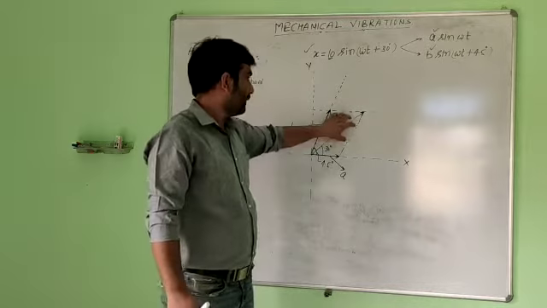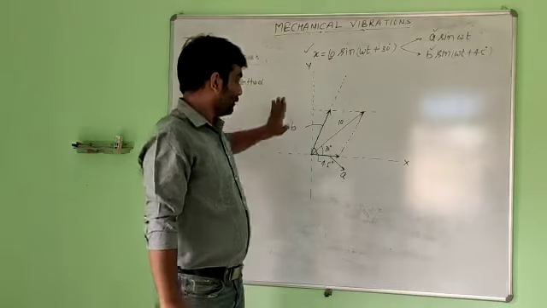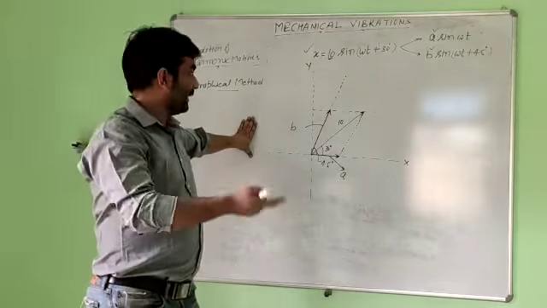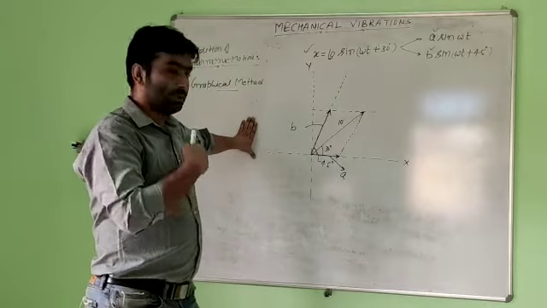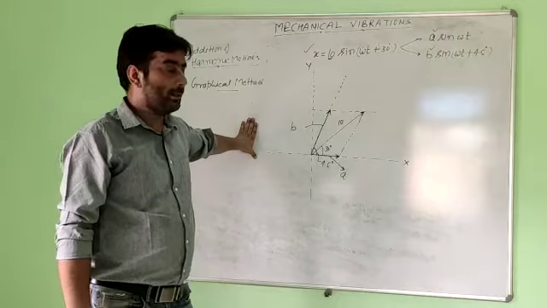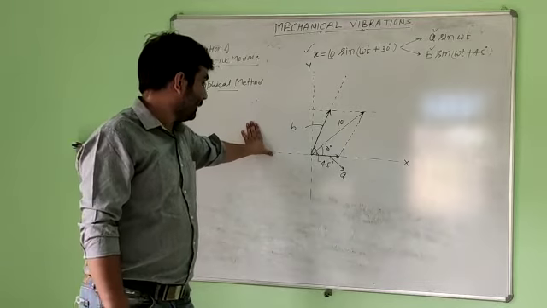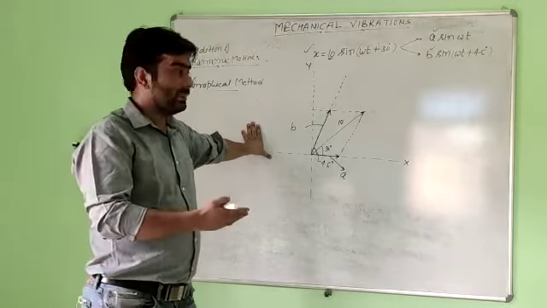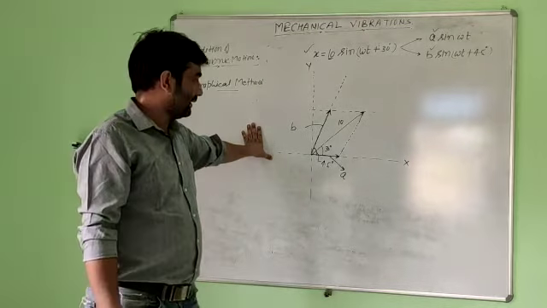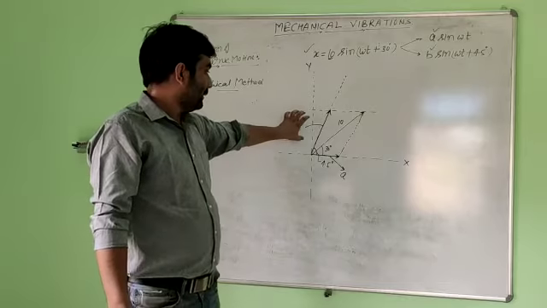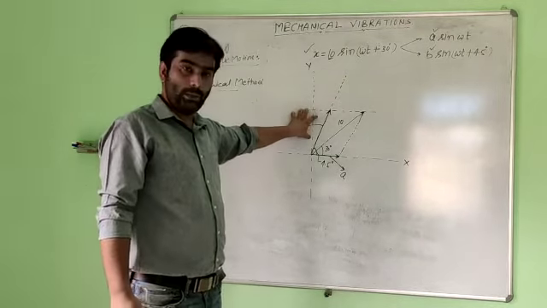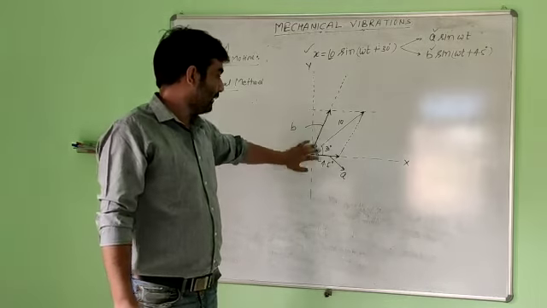All the questions we solved through the analytical method, we can solve through the graphical method also. So practice these questions and try to solve them all through graphical methods. The graphical method is easy, but we have to take care of all the dimensions, units, and conversions.